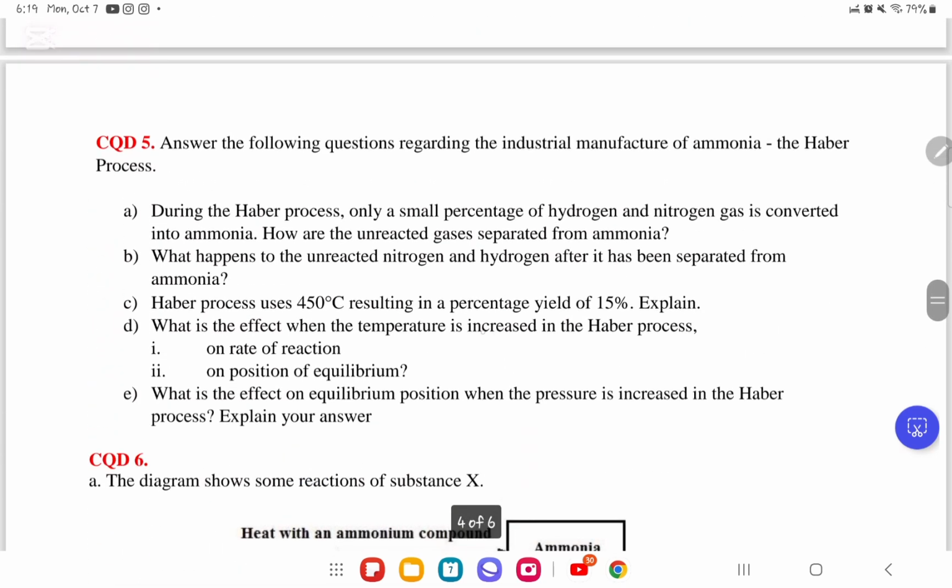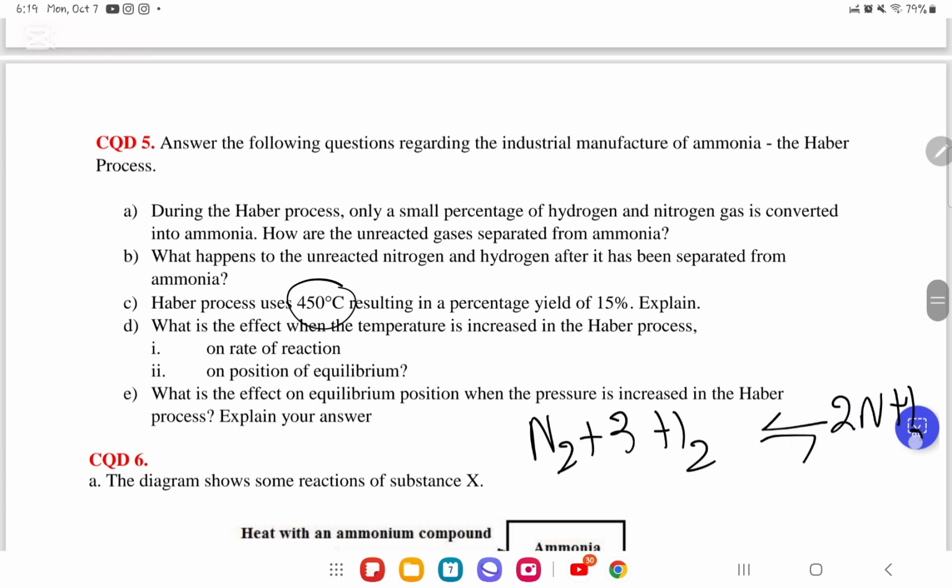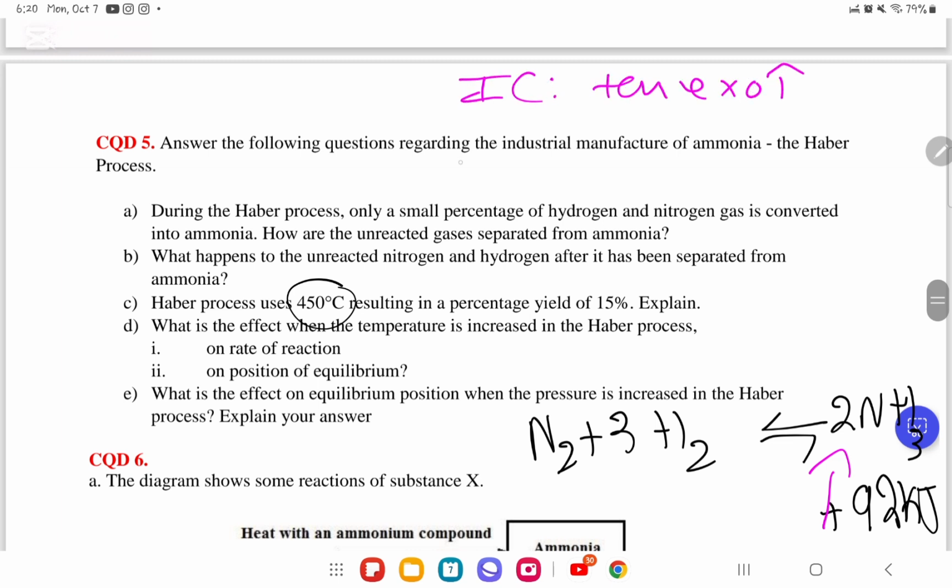Now part C. Haber process uses 450 degrees Celsius, resulting in a percentage yield of 15%. Explain. So we have a high amount of heat. Our reaction is N2 plus 3H2 equilibrium 2 NH3 plus, I think, 92 kilojoules. So if we are going to increase our temperature, the first imposed change is temperature increased, exothermic, then according to Le Chatelier's principle, there's a partial counteraction.